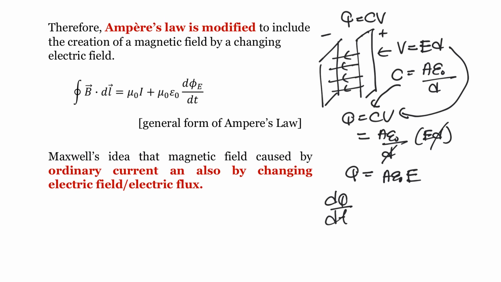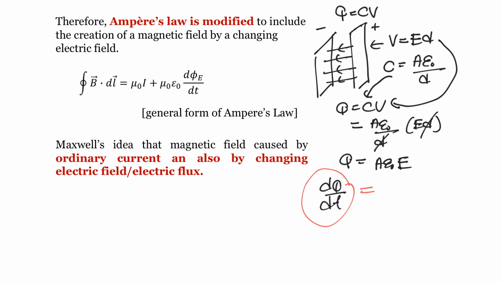Which means that if the charge changes at the rate dQ over dt, the electric field also changes at the same rate as the charge. So here dQ over dt equals A epsilon naught dE over dt.